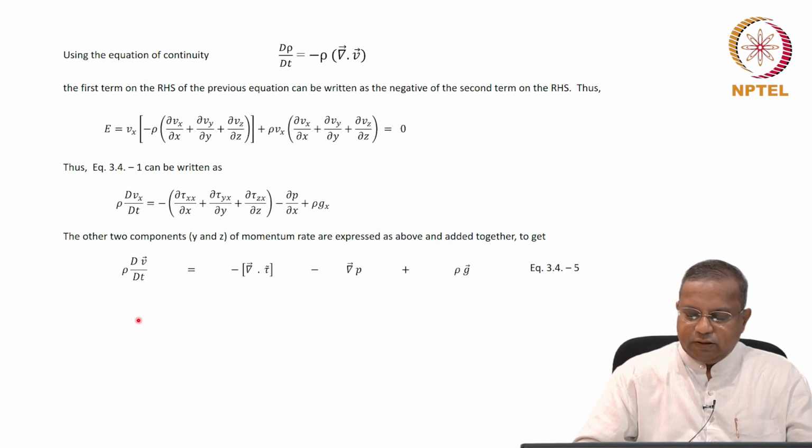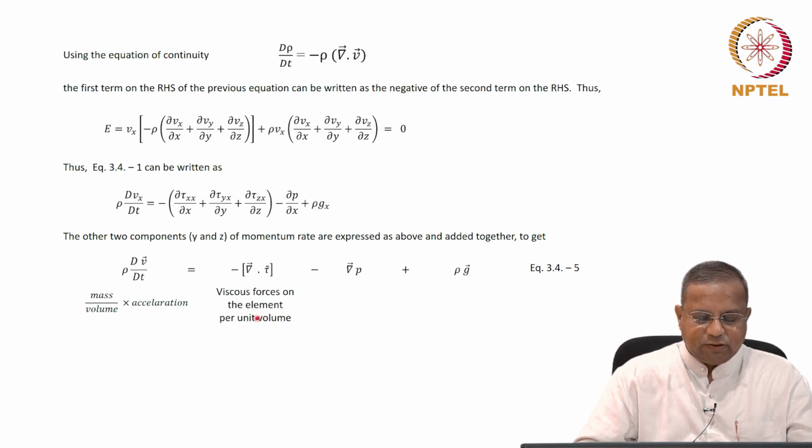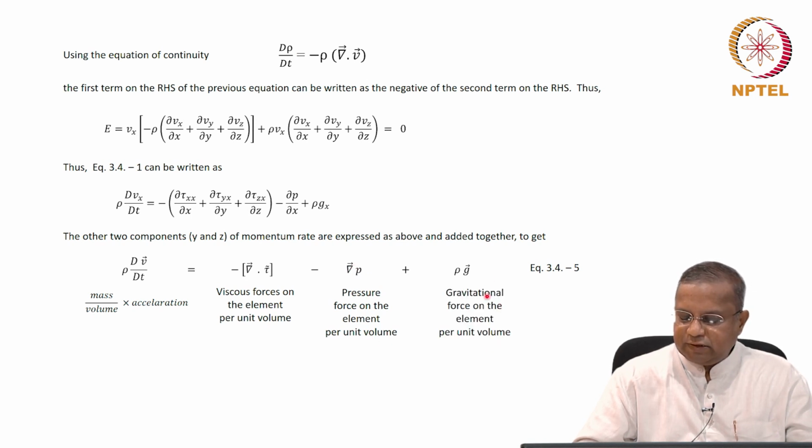Okay. Equation 3.4-5, and this is nothing but mass divided by volume, density, times the acceleration, and this represents the viscous forces on the element per unit volume. This represents the pressure force on the element per unit volume, and this represents the gravitational force on the element per unit volume.